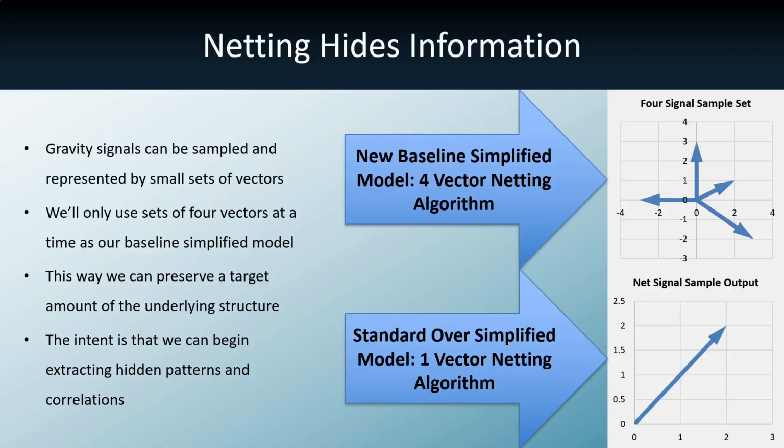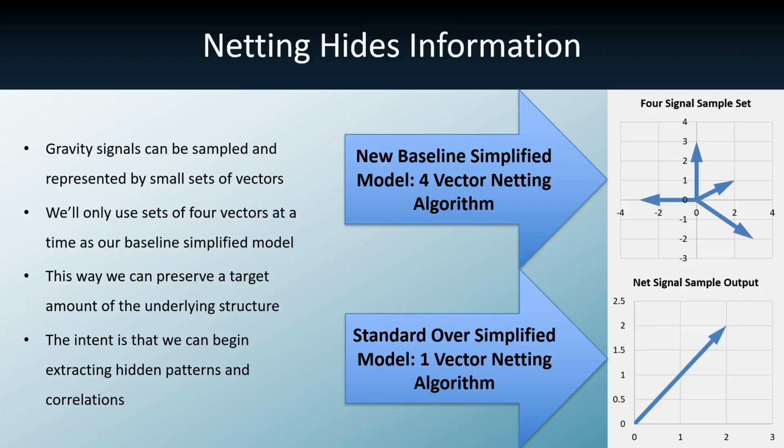Netting hides information. To explore this idea, let's imagine that gravity signals can be sampled and represented by small sets of vectors. For simplicity, we'll only use sets of 4 vectors at a time as our baseline simplified model. But in a real system, there could be thousands, millions, or far more overlapping signals.